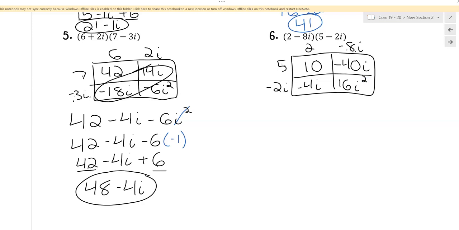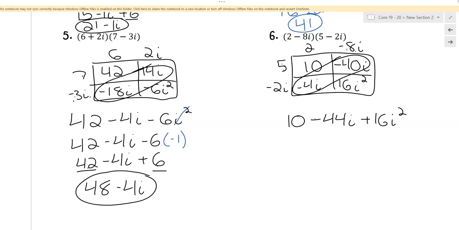So now I have 10, and then minus 40 and minus 4, which gives me minus 44i, and then plus 16 i squared.